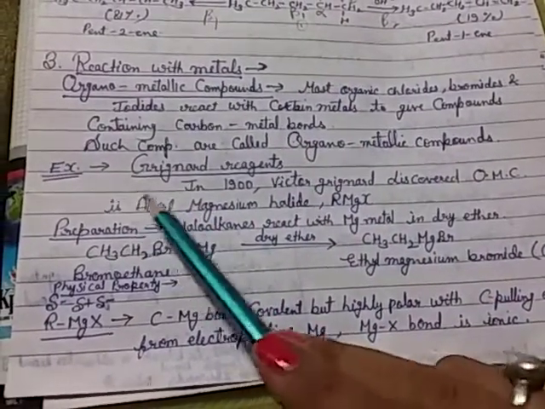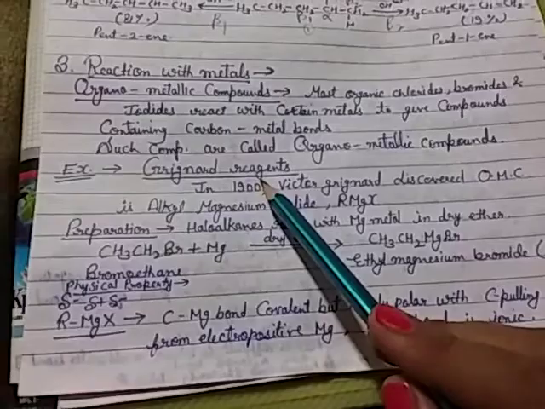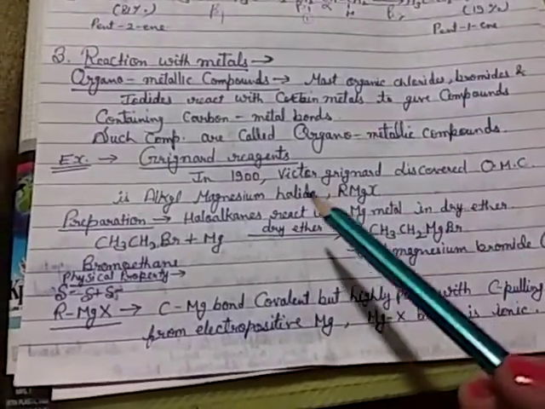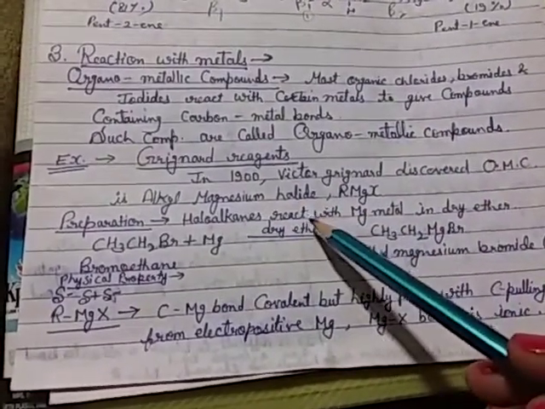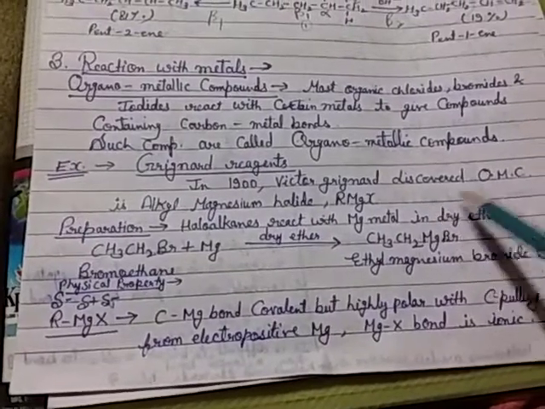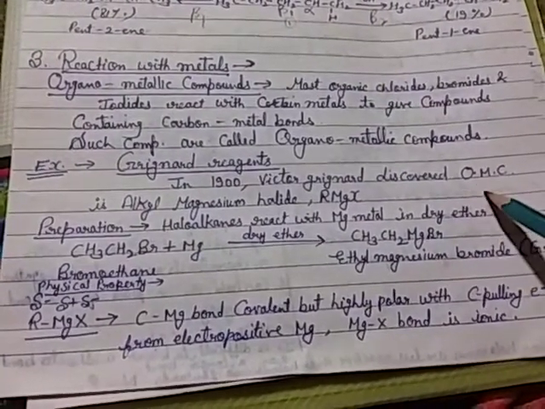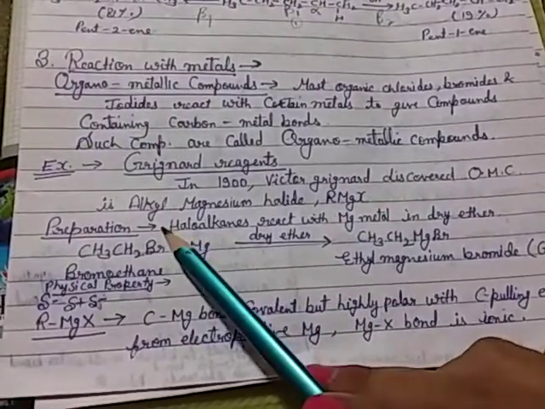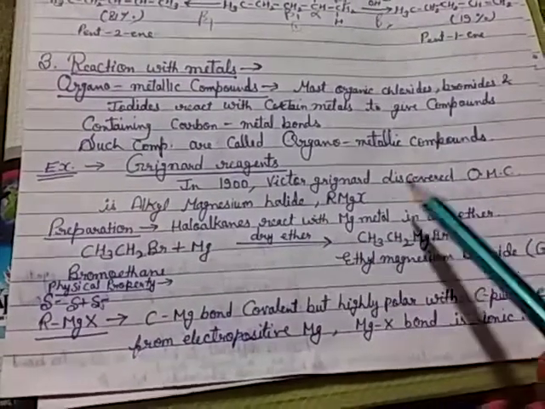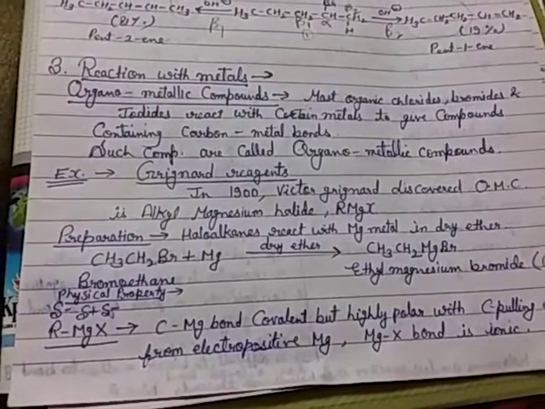Clear? An example is Grignard reagents. In 1900, Victor Grignard discovered organometallic compounds, which are alkyl magnesium halides, RMgX.